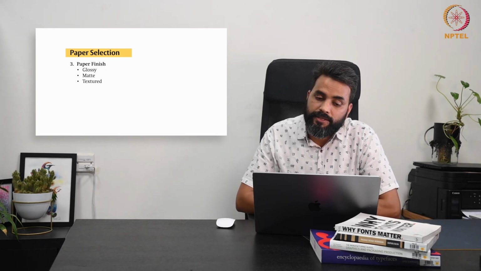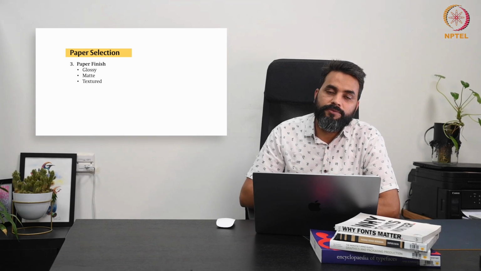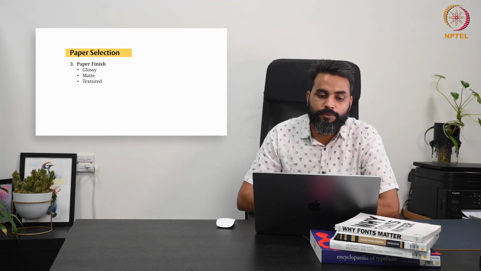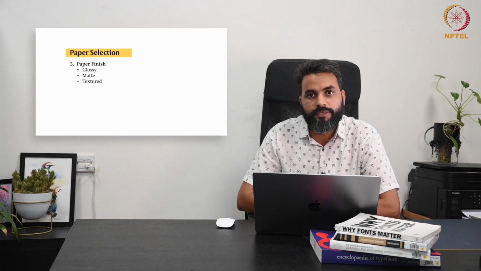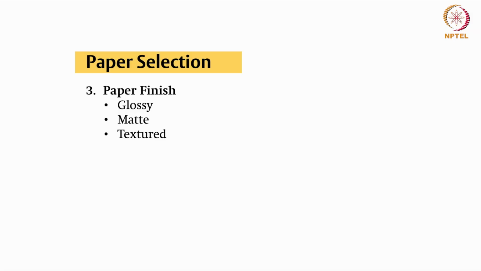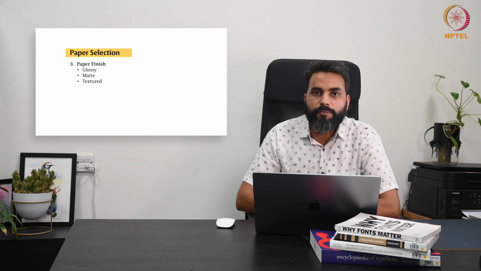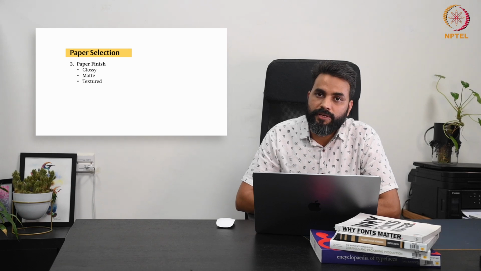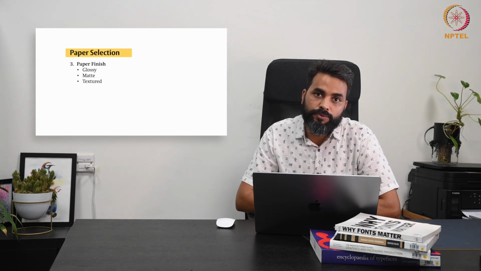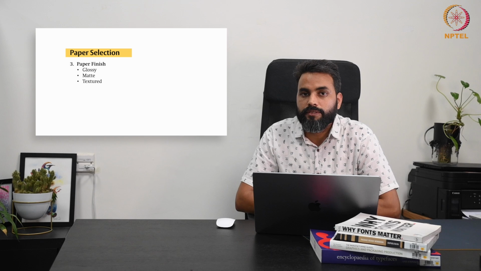Paper finish is another factor. First we discussed paper weight, now we are moving ahead with paper finish. Glossy, satin, matte, or textured finishes affect the tactile and visual appeal. For example, glossy finish is reflective and vibrant for photos and promotional materials.